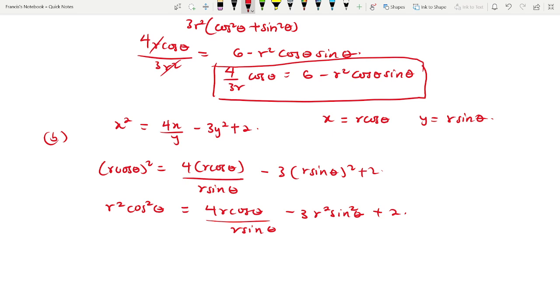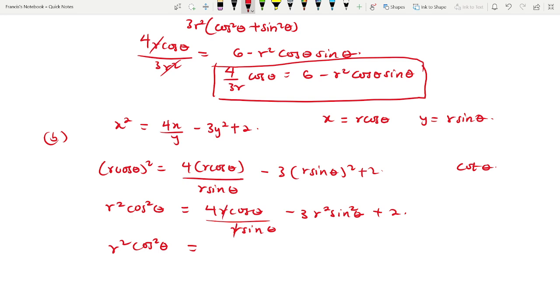So at this point, I'll have r squared cos squared theta equal to, if you have r cos theta over r sine theta, trig identity, take note, you're going to get cot theta. The r here will cancel this r obviously.